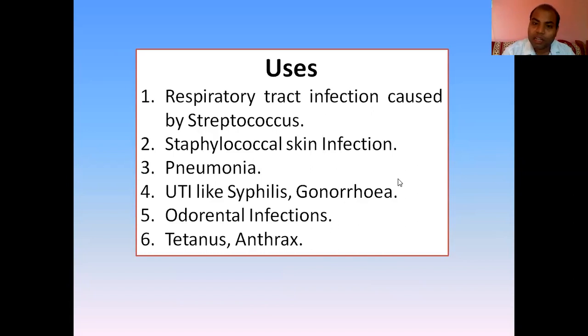So erythromycin can be used to prevent the odor of these bacterial lesions that can be produced from this infectious area. Also useful for tetanus, anthrax. They are generally gram positive bacillus infections caused by clostridium tetani or bacillus anthracis.